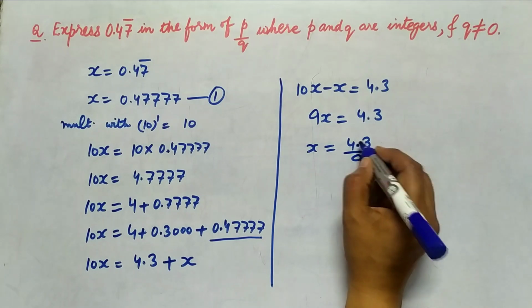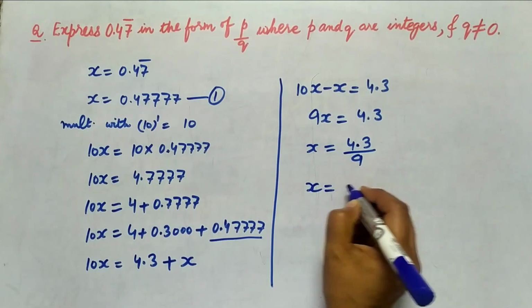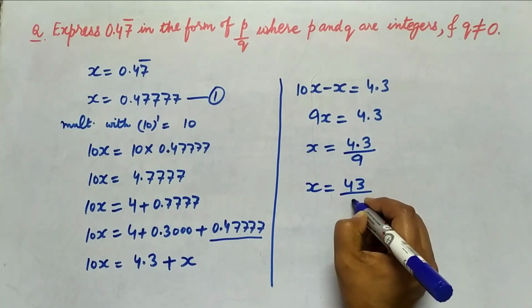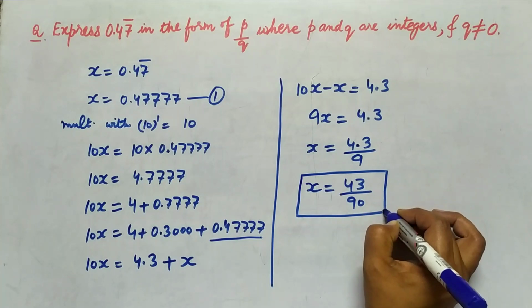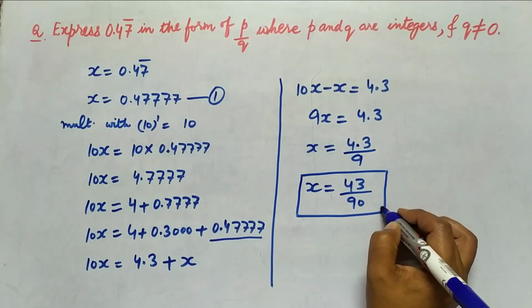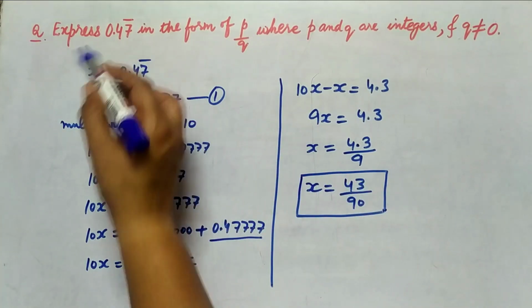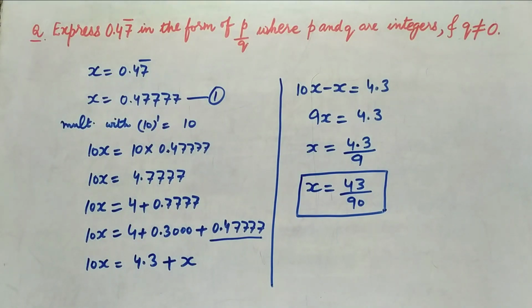Removing this decimal, we get x as 43 by 90. This is the rational number, the p by q form of the given number 0.47 bar.